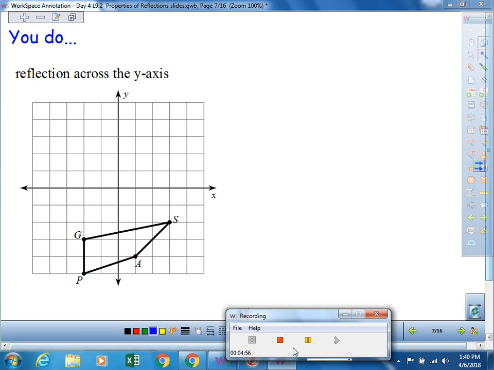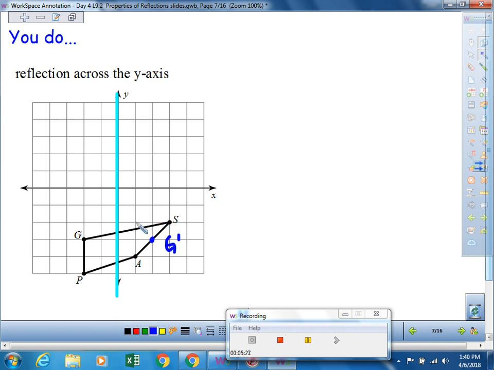Okay, so we are going to reflect over the y-axis. So here's my y, highlighted it, and so now I'm going to take each point and just count to the line. 1, 2, and go the opposite. 1, 2, G prime.